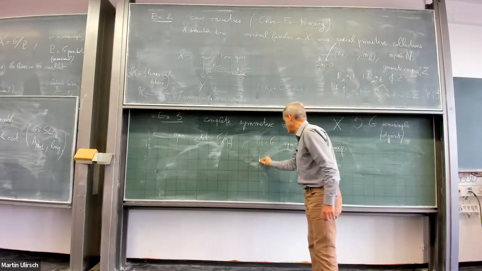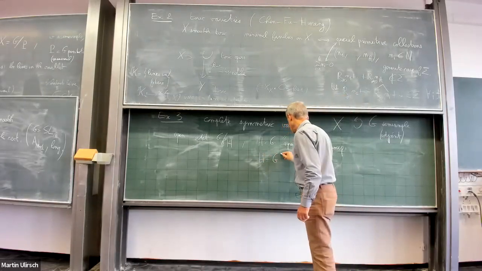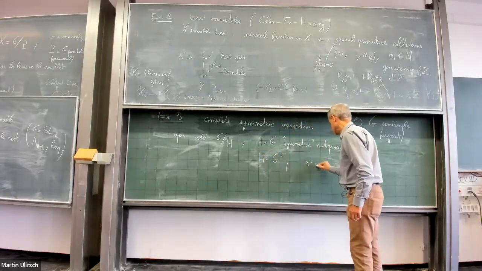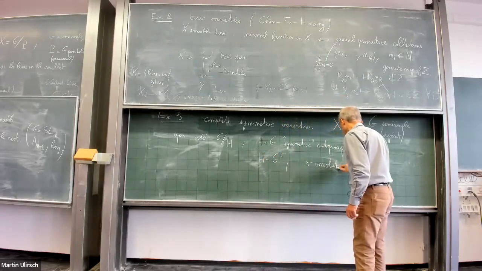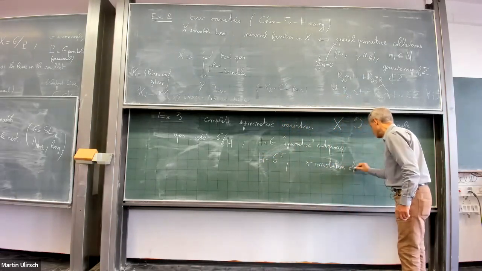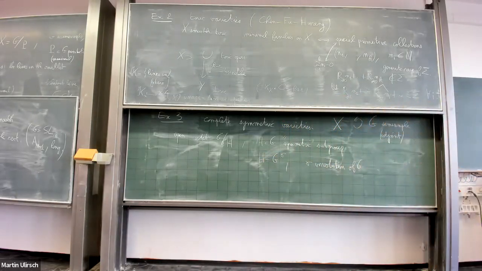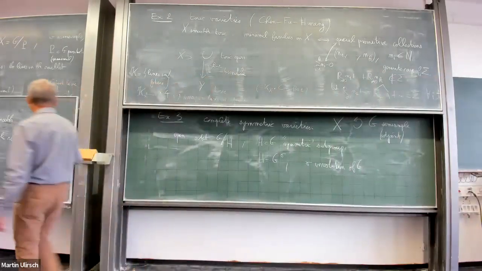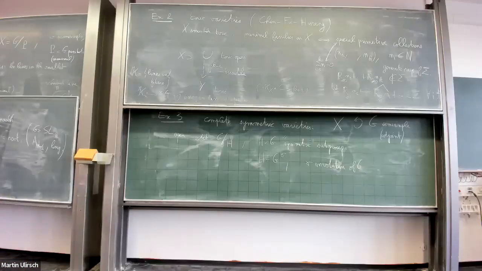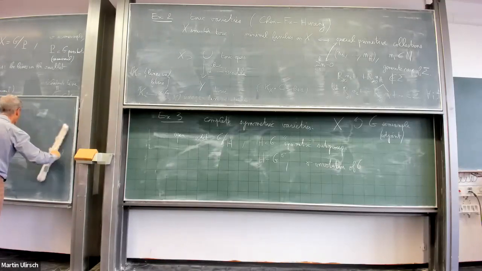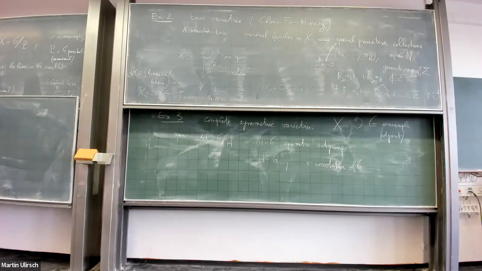This means that H is the fixed point set of an involution, an automorphism of order 2 of your group. And now we have some starting point to describe these minimal families, because we know what this tangent space is in terms of representation theory.